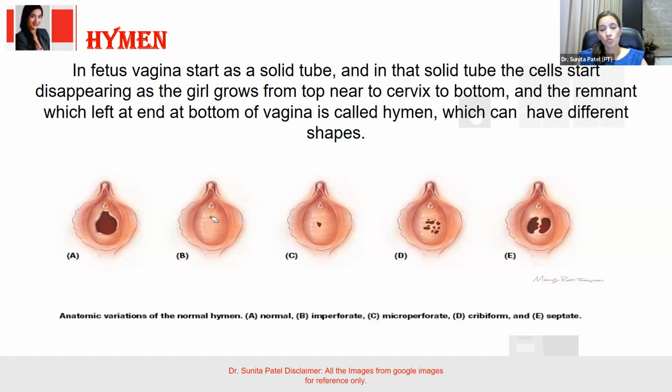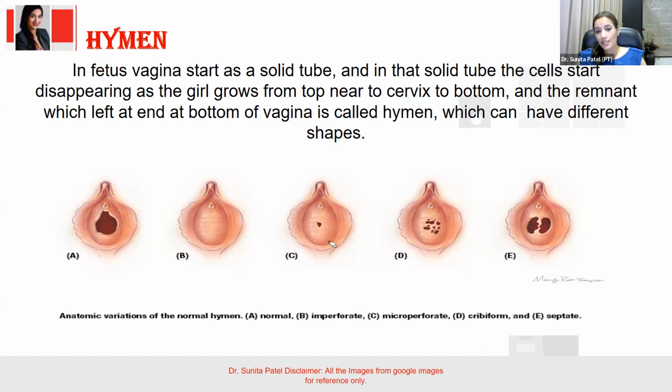We don't want an imperforate hymen, and in those cases the doctor has to create openings. They will make some incisions and create openings in the hymen so the blood can leave the body. This is not at all a good type of vagina.